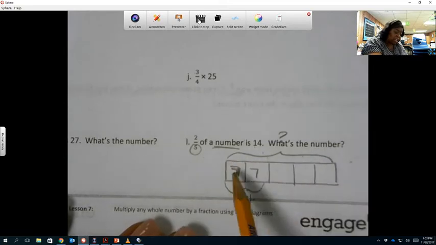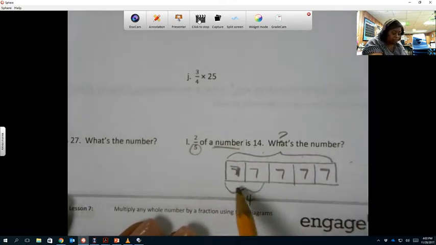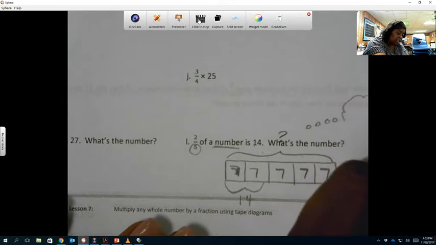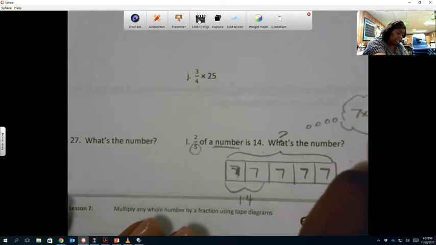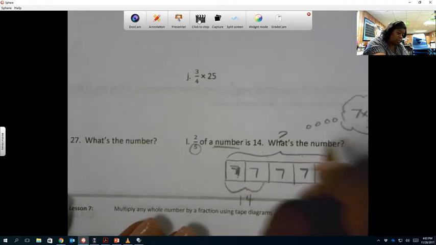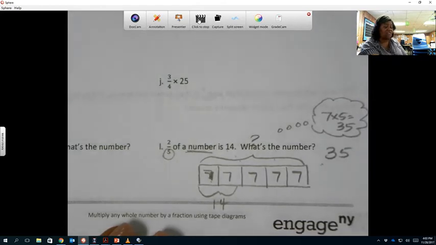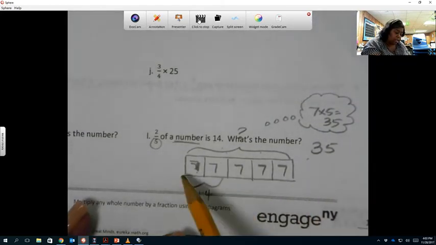If each unit is 7, to find the total, I fill in the rest of my units, and I'm thinking in my head, 7 times 5 equals 35. So what is the number? 35. Okay, I'll say that again because it was out of the frame.